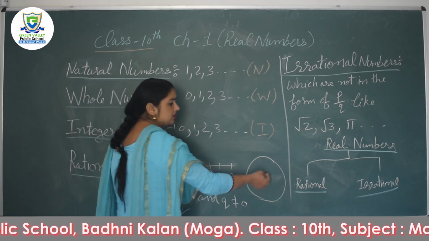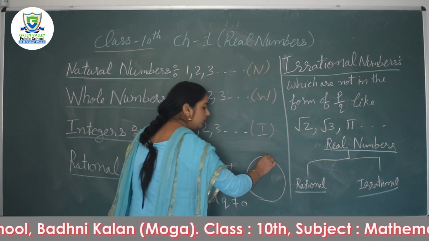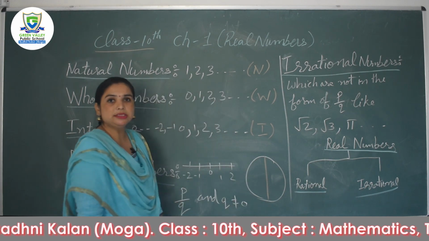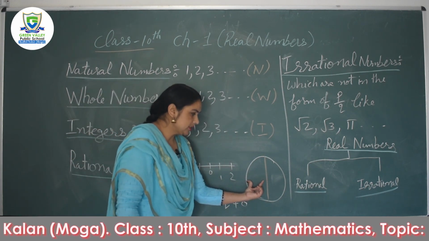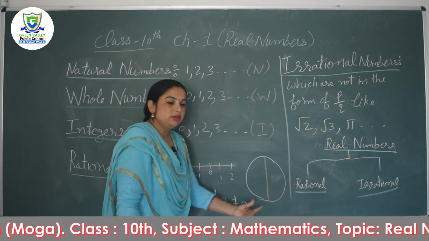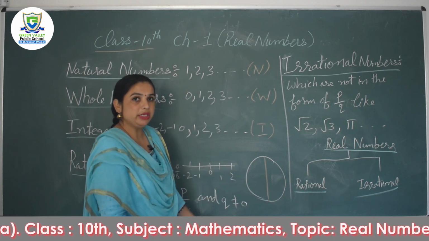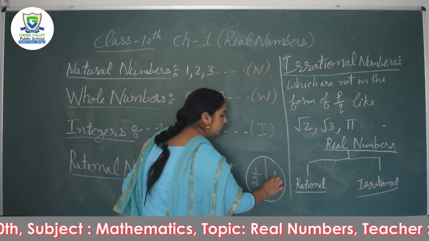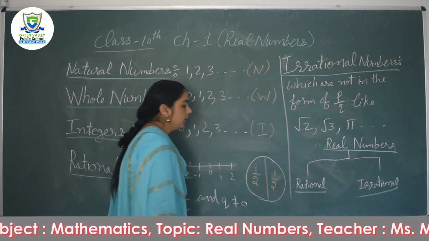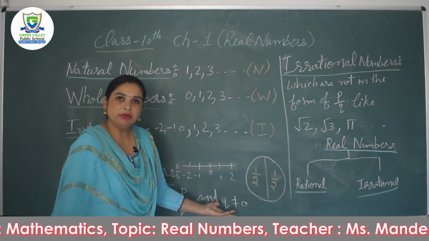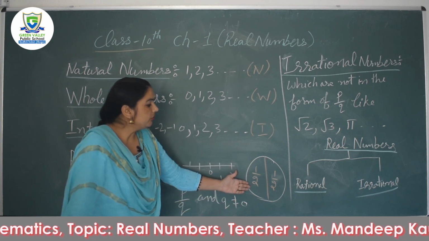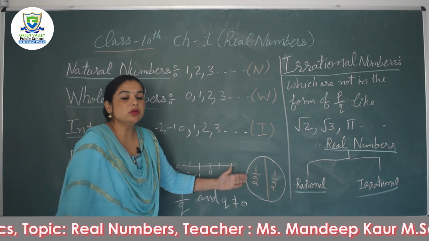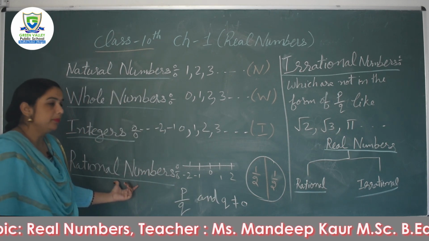If I take a circle and divide it into 2 equal parts, then what will each part be? This will be half, but how can we write this in numbers? We'll write it as 1 over 2. Now we got a new type of number. What can we call them? We can call them rational numbers.